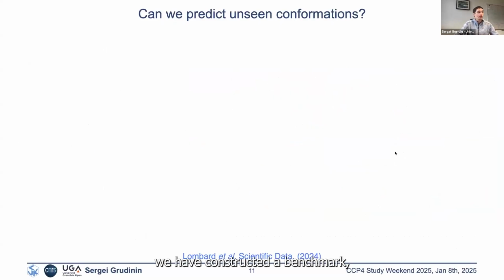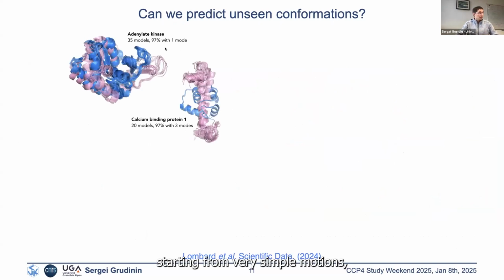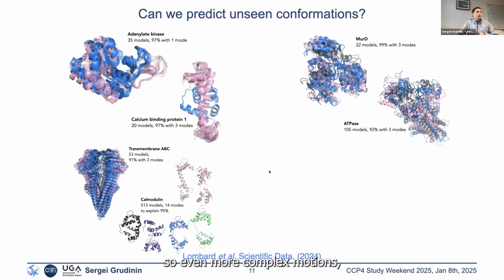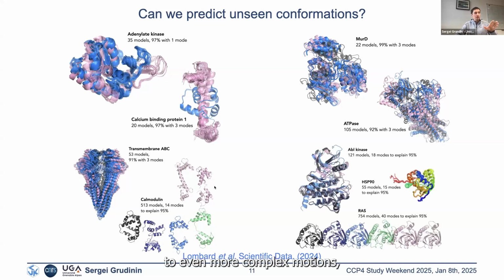To answer this question, we have constructed a benchmark which consists of 10 representative protein families with different levels of motions, starting from very simple one-dimensional motions, so adenylate kinase, going to more complex motions with 3 modes, to even more complex motions, for example, as in homologs, which requires 14 principal components to explain 95% of the variance, to even more complex motions with 40 modes to explain 95% of the variance.